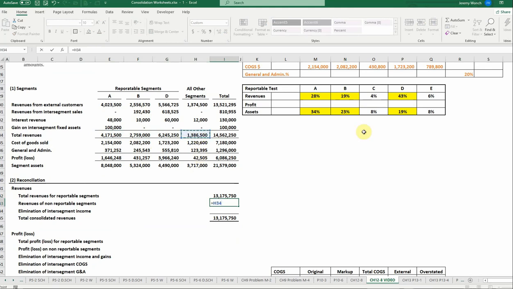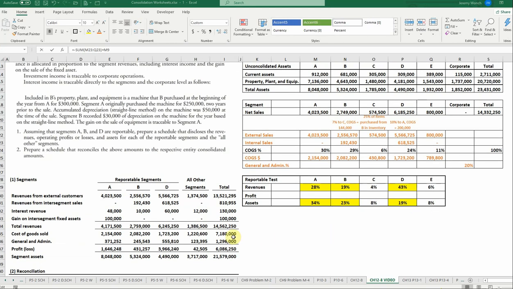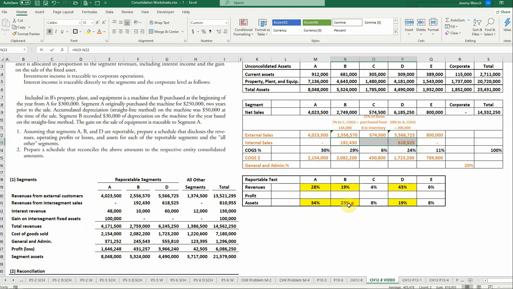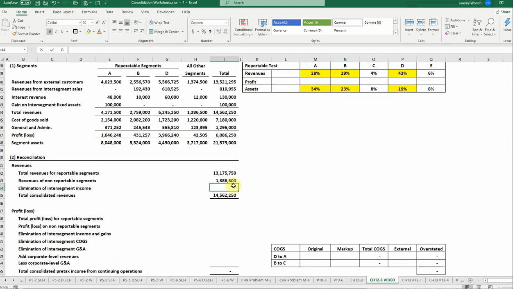That's going to be C and E. And then we want to eliminate the inter-segment income. So that, it's going to be right here. We calculated our inter-segment sales right here.